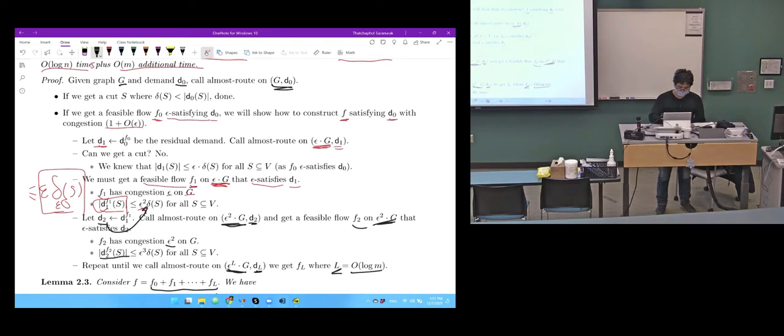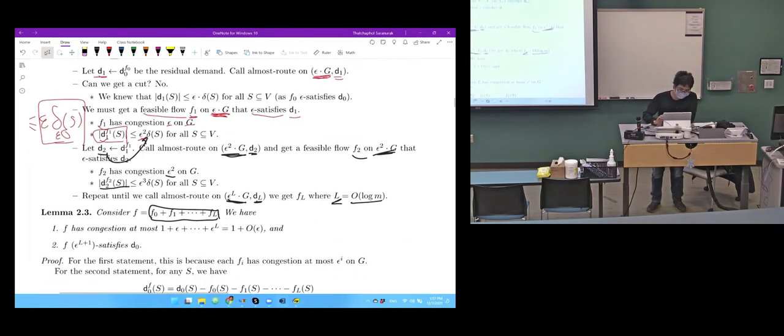What do you think is good about this? It's exponentially decreasing. Yeah, it is exponentially good, it becomes better and better.